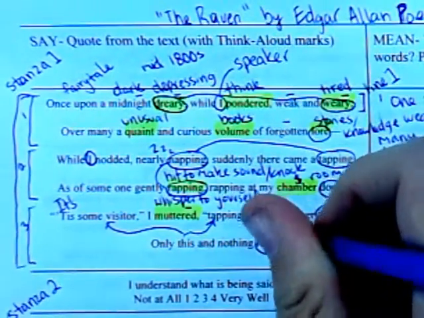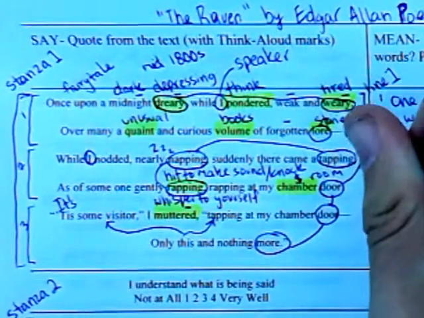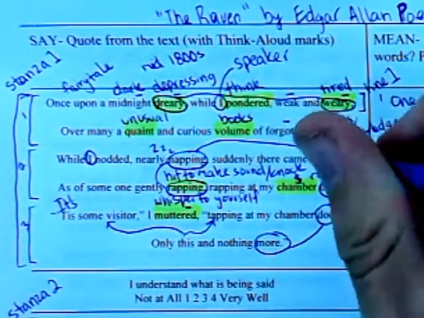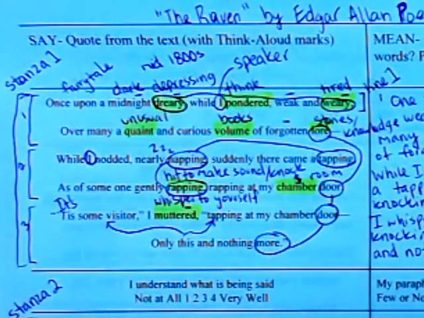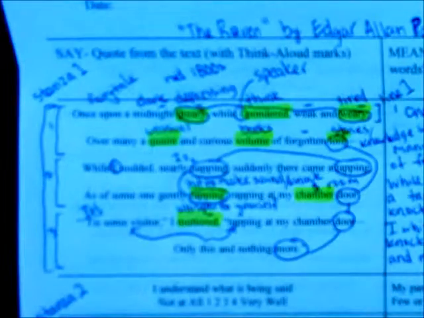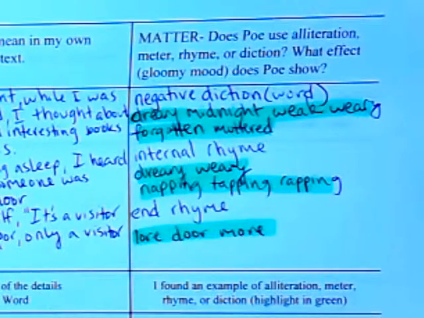So I'll just make some more lines, connect these ones, and then I'll write those over on the side over there in my matter section in my end rhyme. This is what your matter section will look like.